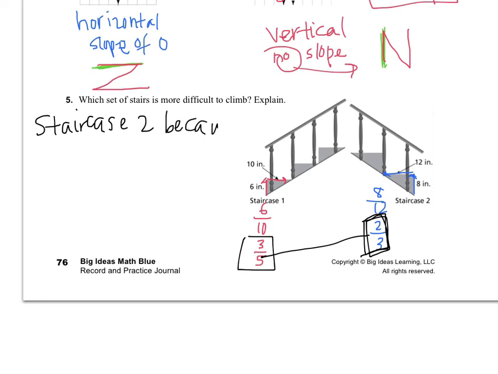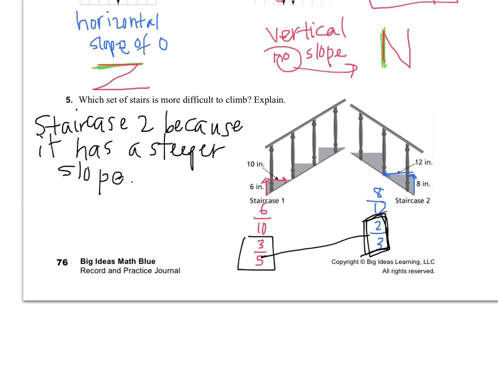Because it has a steeper slope. And sometimes if you think in real life, you think about going up and down staircases. Sometimes staircases have different slopes. Well, typically they do, because they're not all standardized. They're not all made by the same person.